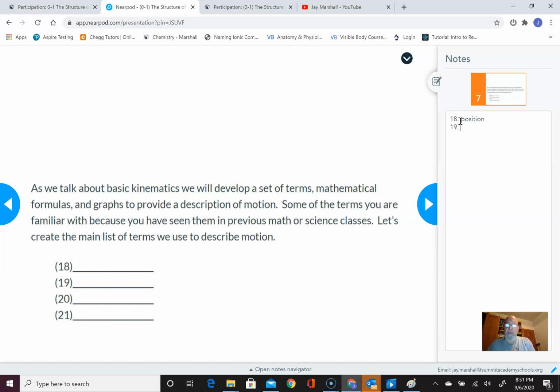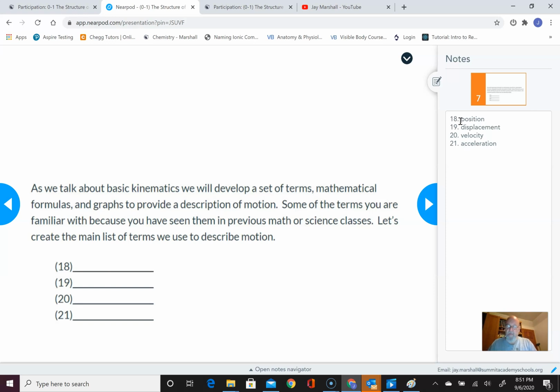And the way that we're going to capture the information that's available to us is explicitly ask questions about all of these different types of information, and I've got to remember them in order to make this strategy effective. So we're going to say position, and then we're going to say displacement, and then we're going to say velocity, and then we're going to say acceleration.